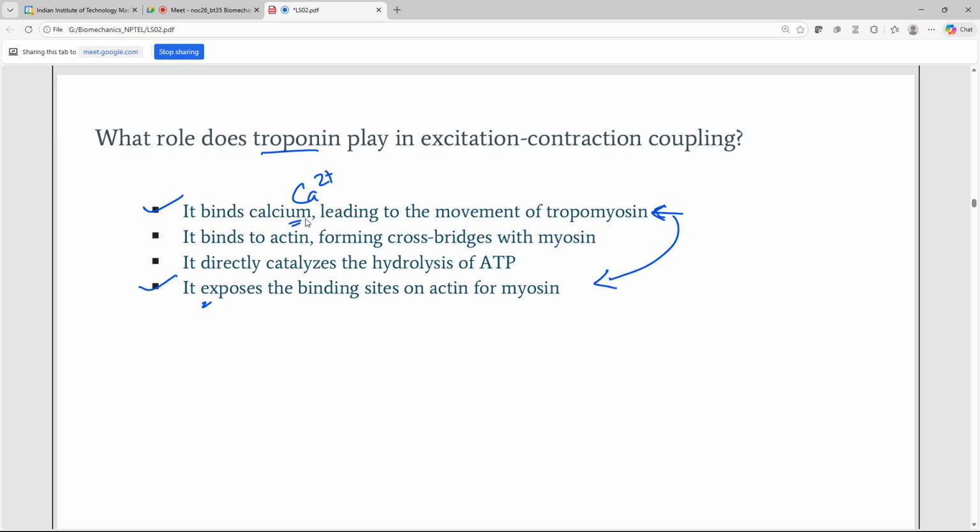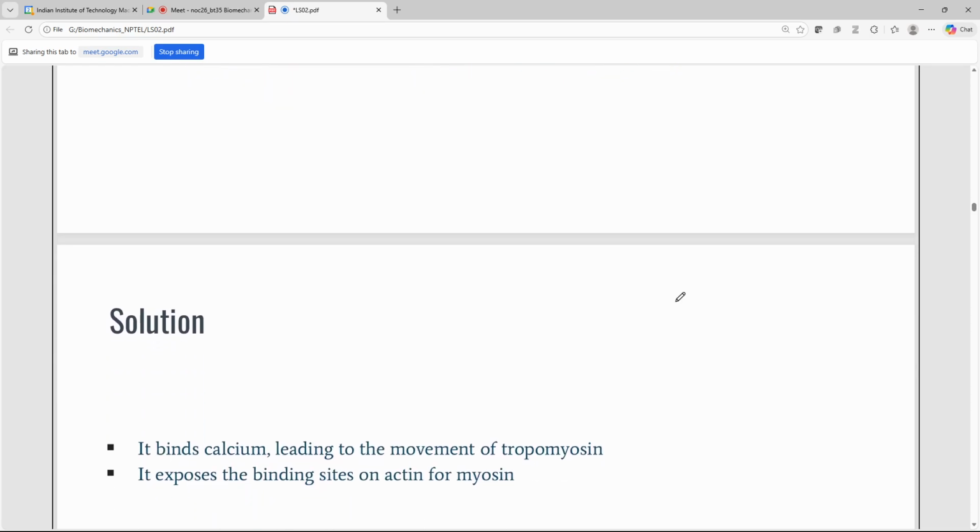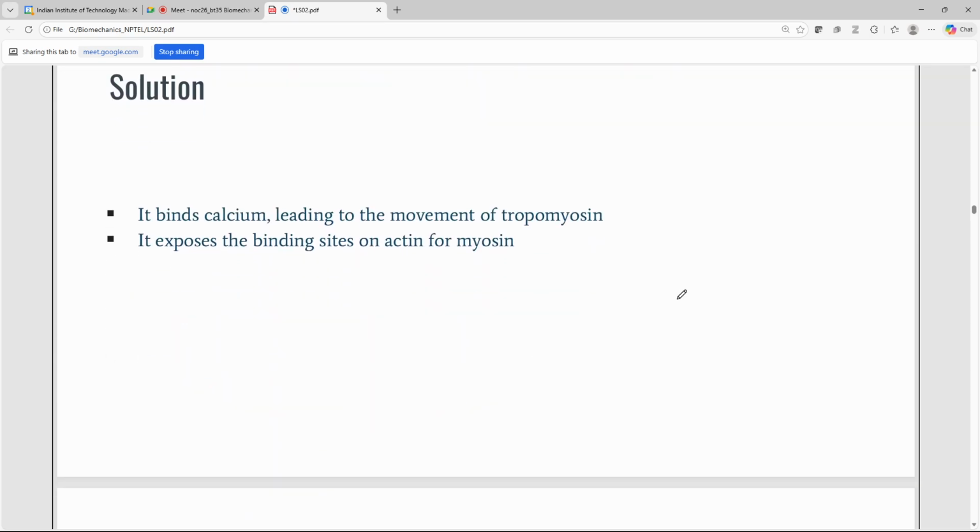Troponin binds with calcium, leading to the movement of tropomyosin, which exposes the myosin binding sites for actin to bind. So both the first and last options are correct here.